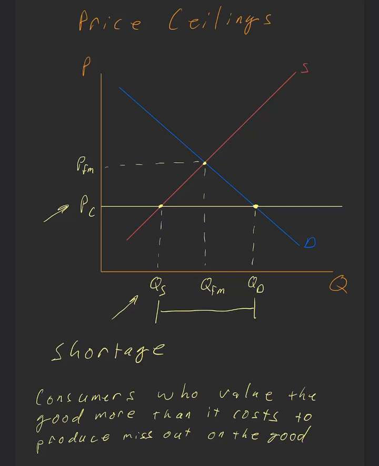So notice, though, that I'm actually making quite a bit stronger point than just, oh, there's this shortage between here and here, right? This gap right here between what the equilibrium outcome would have been and the amount that actually ends up being exchanged means there were a fixed number of goods that should have been produced and consumed.